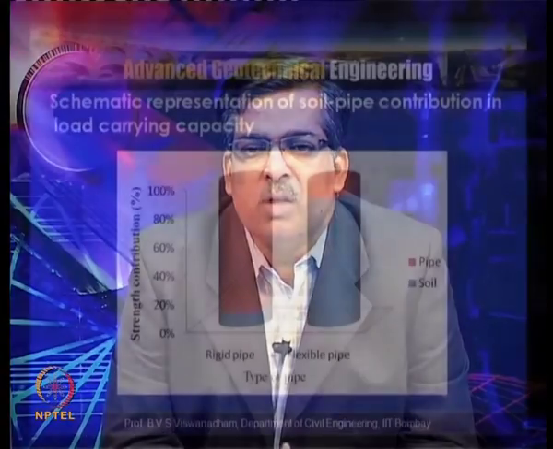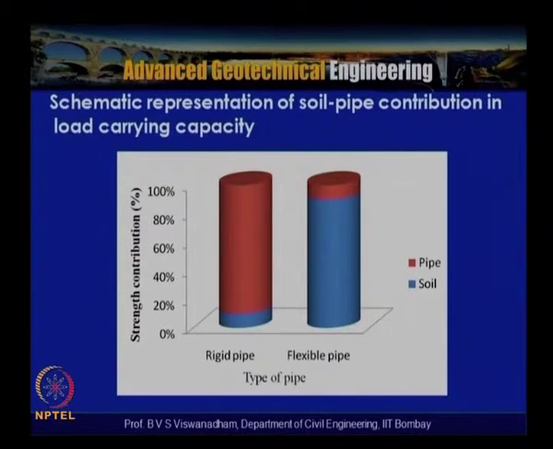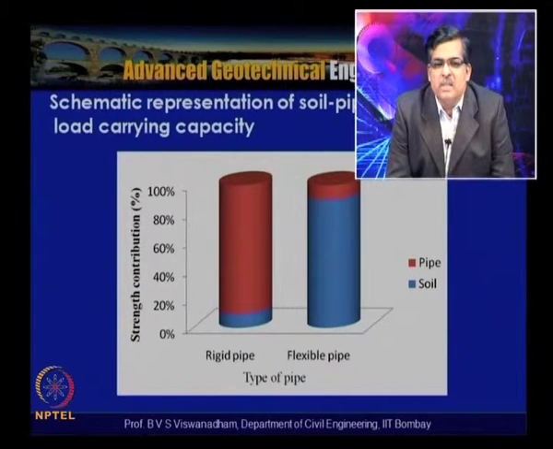If you look at the schematic representation of soil and pipe contribution in load carrying apportionment, rigid pipe carries almost 80% of the load, and soil carries only 20%. In case of flexible pipe, the soil bears most of the load, and only 20% of the load is apportioned by the pipe.